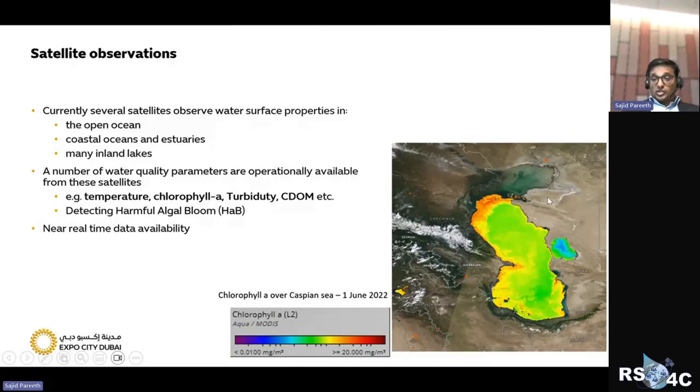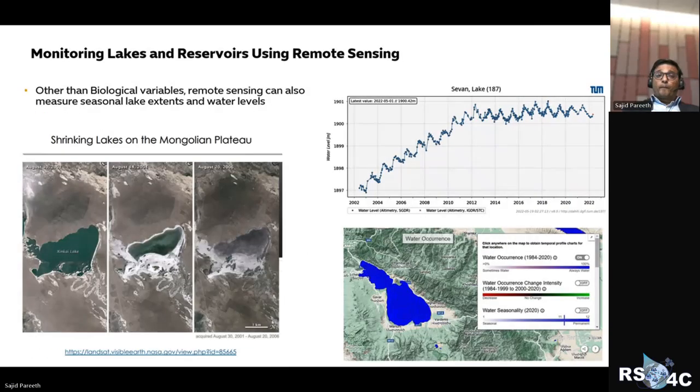For example, this image represents the chlorophyll A measured in milligrams per cubic meter as of 1st June 2022. So this is the image representing that in real quantity. Another aspect is monitoring lakes and reservoirs using remote sensing data.